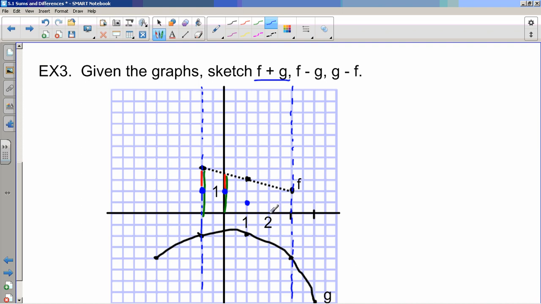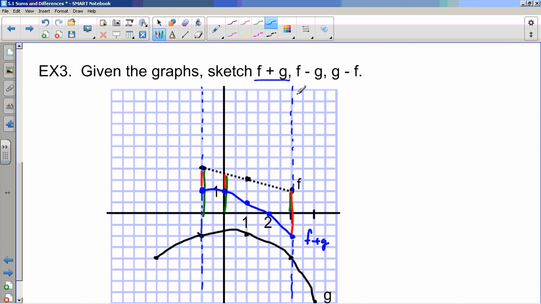Green and red are about opposite, so it's like this. Green plus red is going to be down in the negatives, right? 2 and minus 4 is minus 2. And this function here, some sort of curve it looks like, is f plus g.